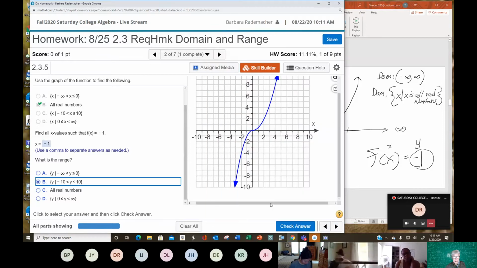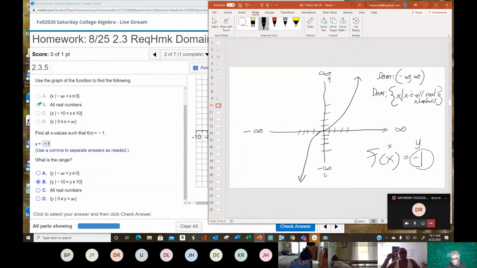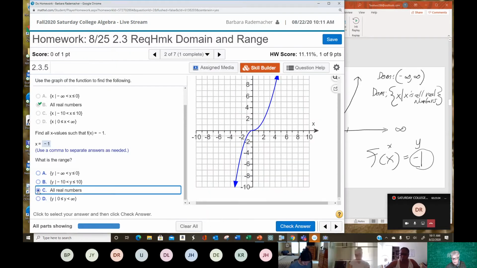It's the same thing down here. The graph goes down forever and up forever. Down here, you've got a negative infinity. Up here, you've got a positive infinity. So the graph goes, yeah, it's all real numbers. Which seems a little lame, but that's the answer.